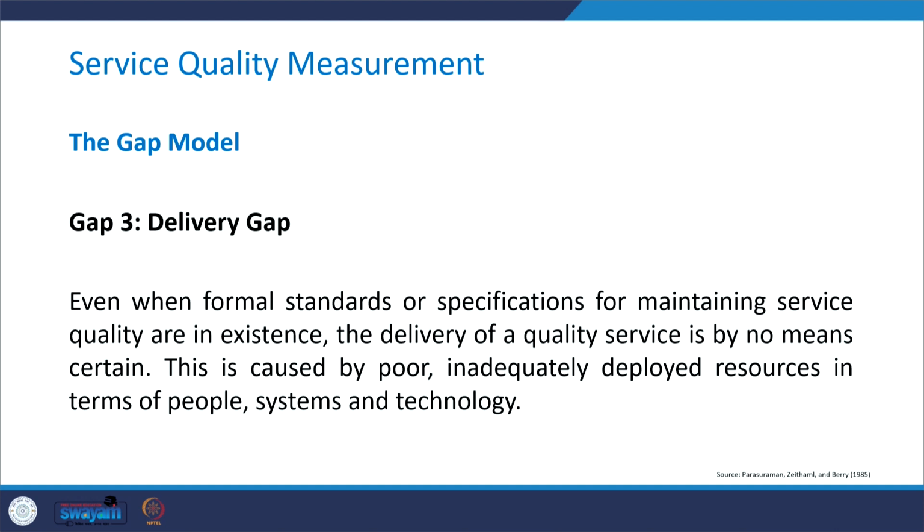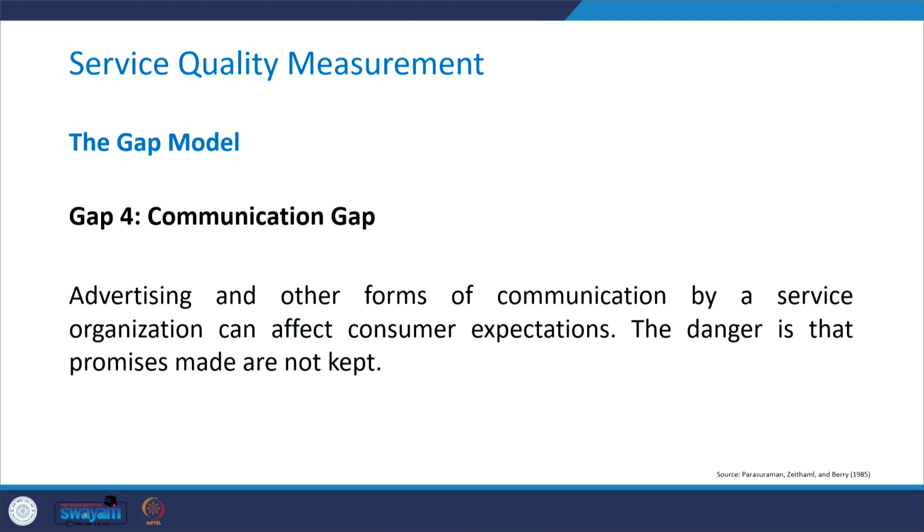This is caused by poor, inadequately deployed resources in terms of people, systems, and technology. So that is called a delivery gap. Then the fourth gap is known as the communication gap. Here, advertising and other forms of communication by a service provider can affect consumer expectations. But the danger is that all the promises made are not kept.